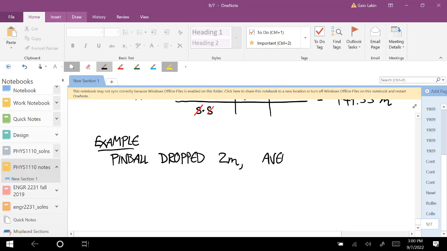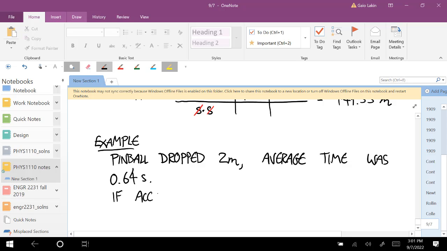And the average time that it took for it to hit the ground was 0.64 seconds. So if we assume that gravity is accelerating this, that this ball in free fall is in a constant acceleration.